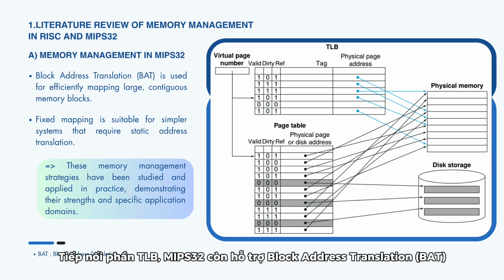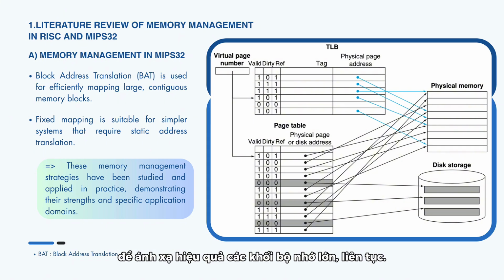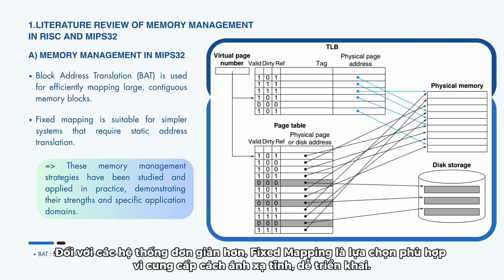In addition to the TLB, MIPS32 supports block address translation, also known as BAT, which is useful for mapping large, contiguous memory blocks efficiently. For simpler systems, fixed mapping is available, offering a static and straightforward approach to memory translation.